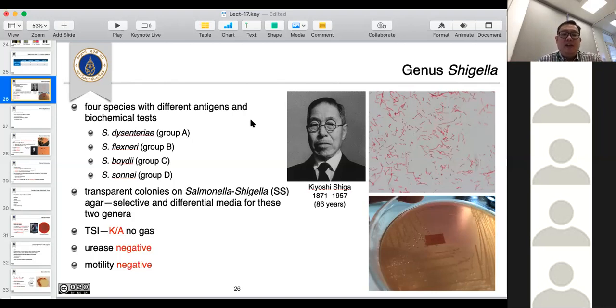This is a causative agent of shigellosis. Shigellosis, in Thai we call บิดไม่มีตัว, causes bloody diarrhea. Urease negative, motility negative.